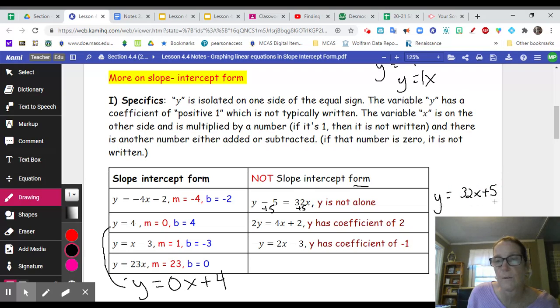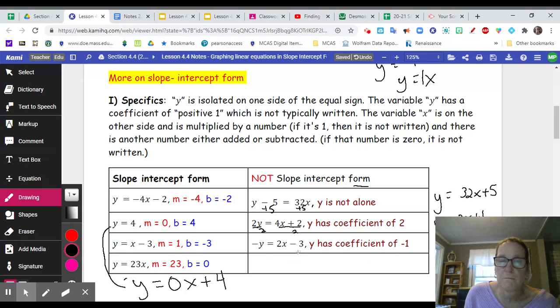Now I can see the slope and the y-intercept. Here, I have a coefficient of 2. 2y is equal to all that. So if I divide both sides by 2, I can now get the slope and the y-intercept.